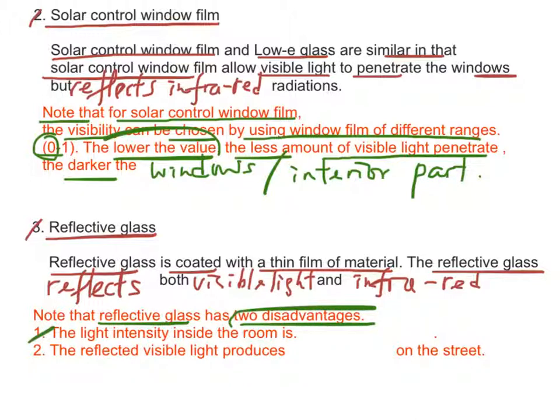The first disadvantage is that the light intensity inside the room is smaller. Therefore, additional lighting is needed. That means you may consume more energy. Also, the reflected visible light will produce glare on the street.